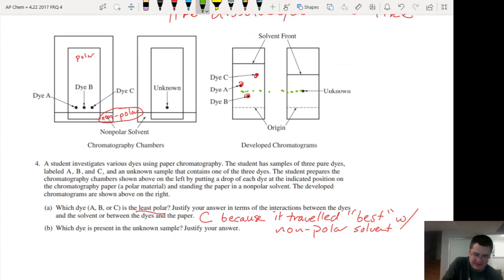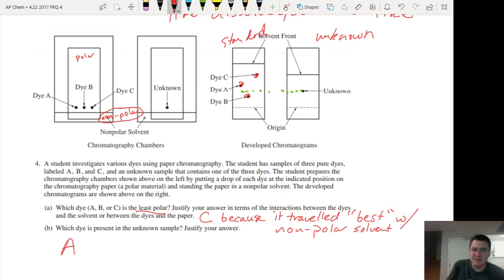Dye A is correct. And how would you justify it? It's the most similar. And how come it's a little bit lower than dye A in the standard? This is our standard. This is our unknown. Why is dye A a little bit lower? It might be more pure.